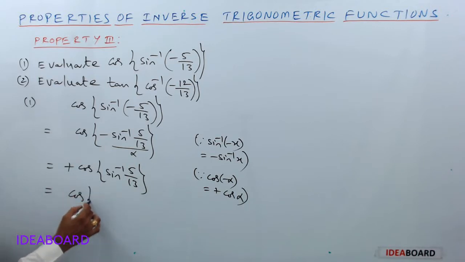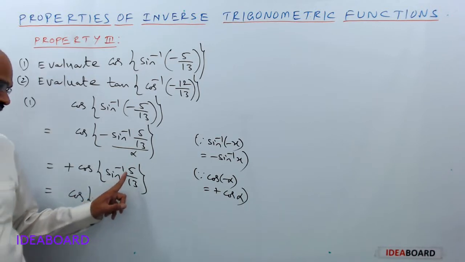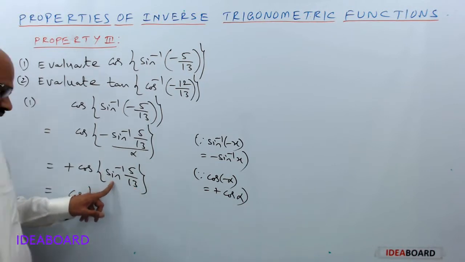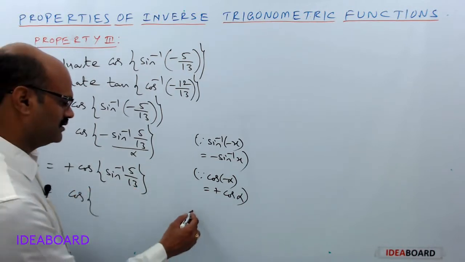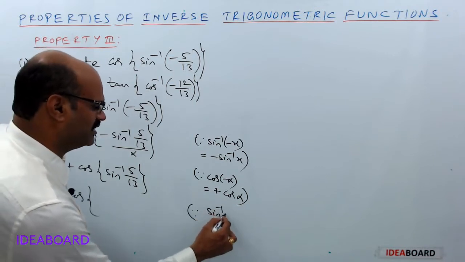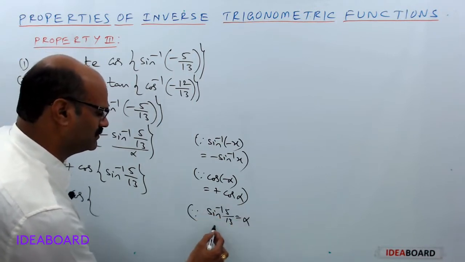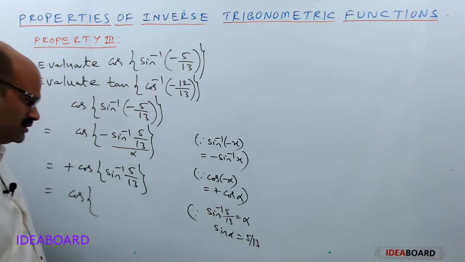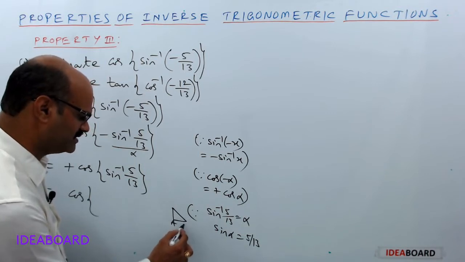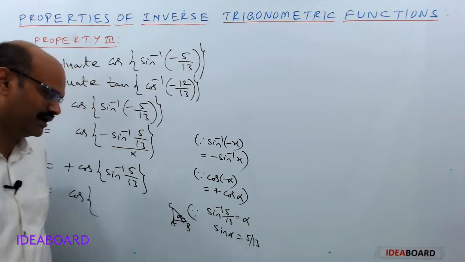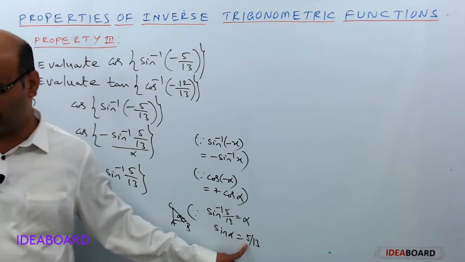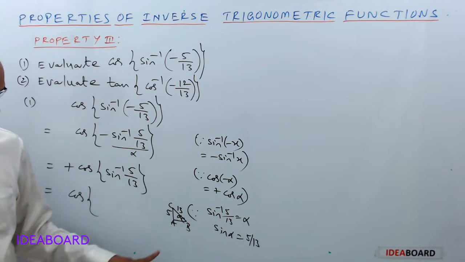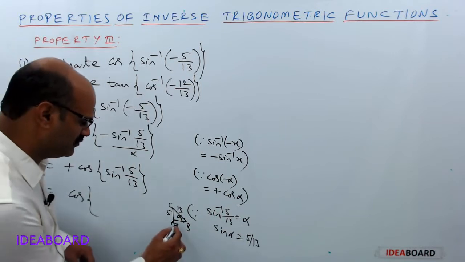Now we have to write sin inverse of 5 by 13 in terms of cos inverse. Take sin inverse of 5 by 13 equal to alpha. Sin alpha equal to 5 by 13. Take a triangle ABC with angle alpha. Sin alpha is opposite by hypotenuse, then the length of AB equal to 12.